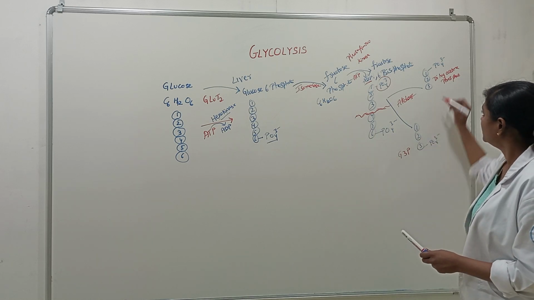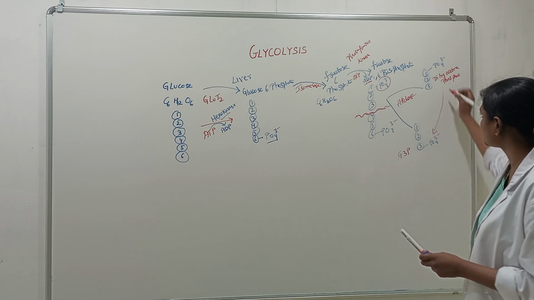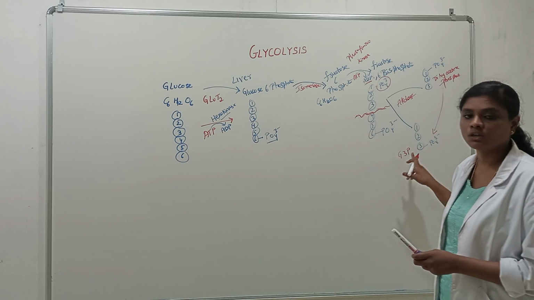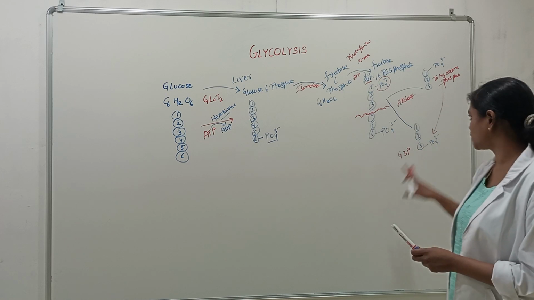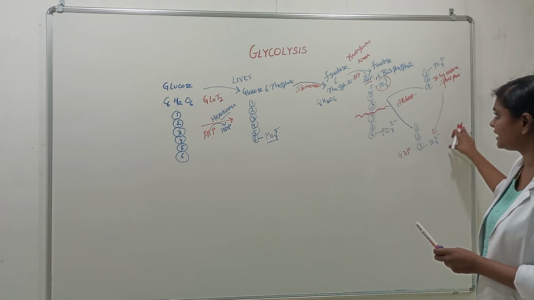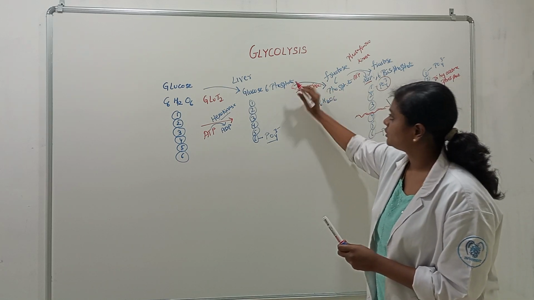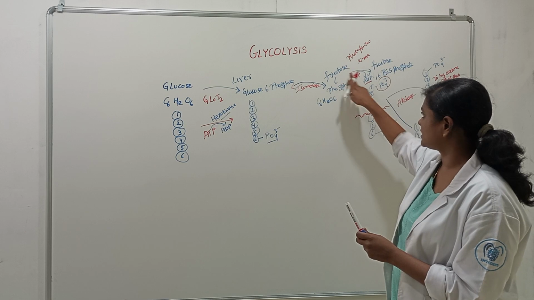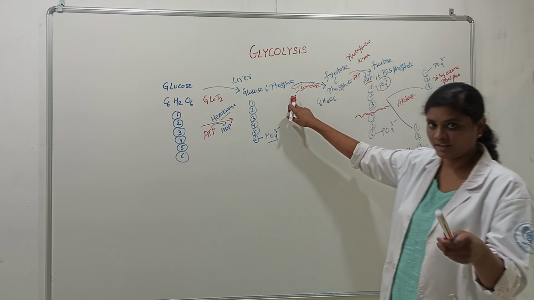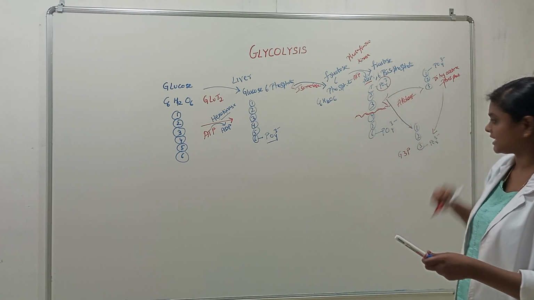Always remember, dihydroxyacetone phosphate has every chance to get converted into glyceraldehyde 3-phosphate. This is a reversible reaction. Even this is a reversible reaction. Glucose 6-phosphate to fructose 6-phosphate is also a reversible reaction, and this is also a reversible reaction.